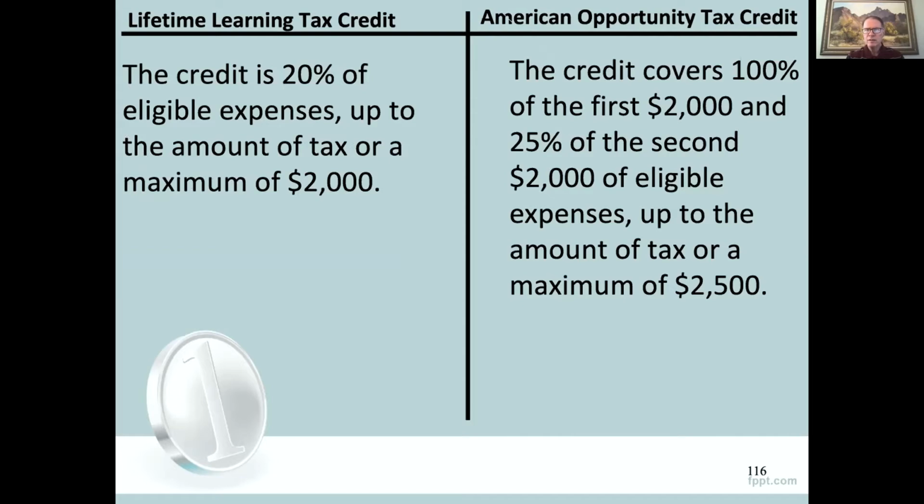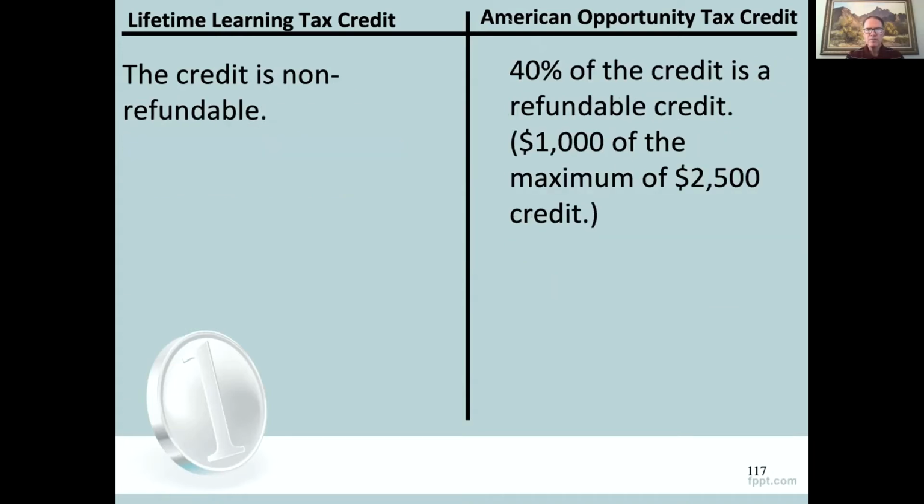And then, excuse me here, I keep running into windows that pop up and block part of my screen. Up to the amount of the tax or a maximum of $2,500. It gives you a little greater credit than what the Lifetime Learning Credit does.